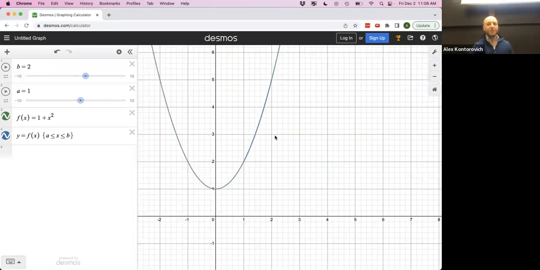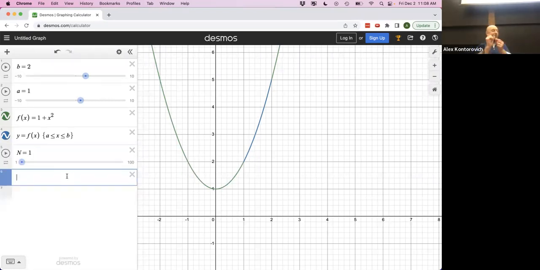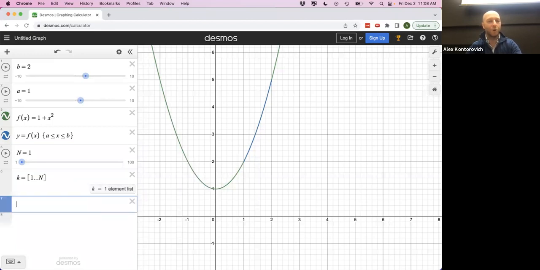Then we're going to take some value of capital N. Add a slider for capital N. Capital N will go from 1 to 100, or 1,000, stepping by 1. Capital N is an integer. And then we're going to take a typical value of k. So k will be our index. It will run from 1 to capital N, whatever capital N is.